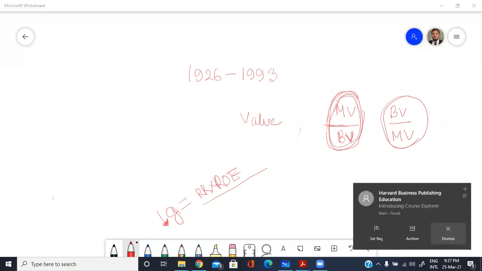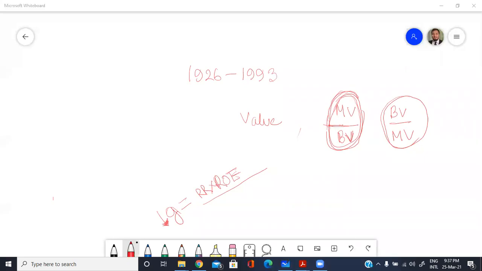So the companies in this group, I mean high value. Remember, it is not the value metric, this is the high value, of which book value is higher and market value is lower, just the opposite of the metric we just wrote.